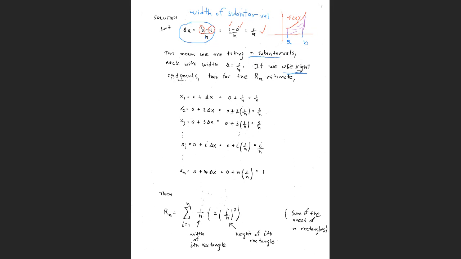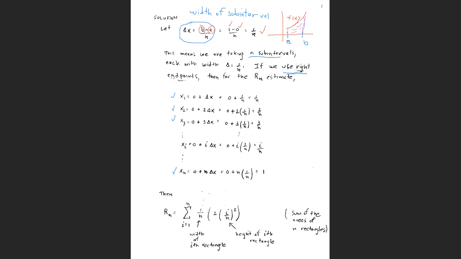Like in the last example, we had 4 subintervals, and we had x1, x2, x3, and x4. So 4 subintervals means you're going to have x1, x2, x3, x4. Well, if we have n subintervals, we're going to have x1, x2, x3, all the way up to xn.